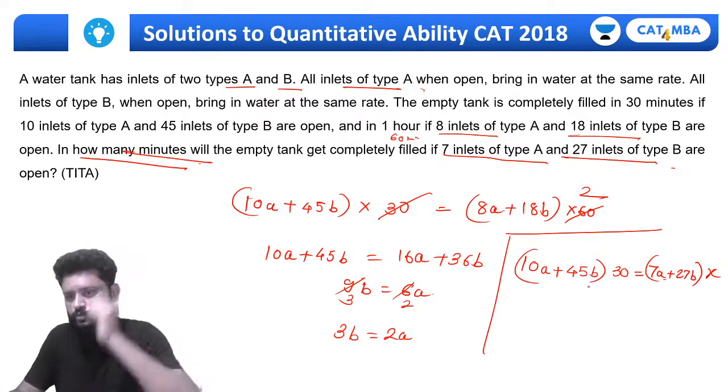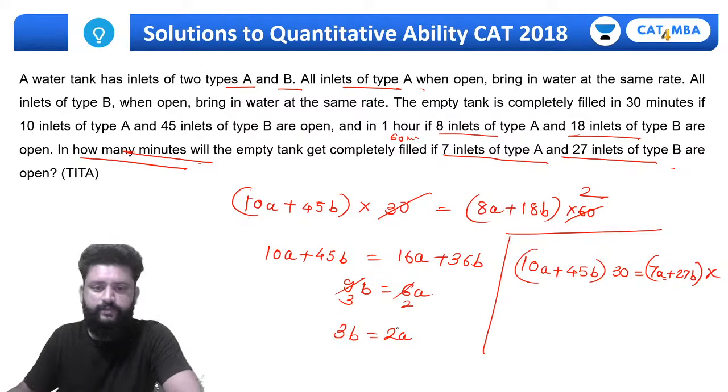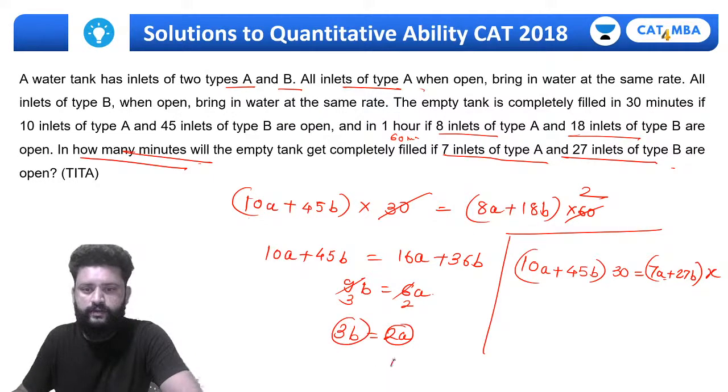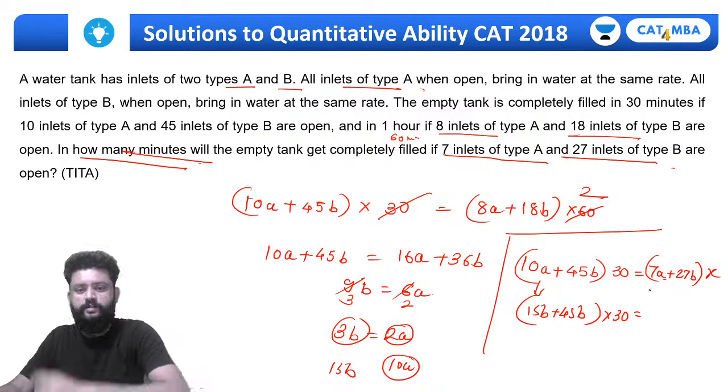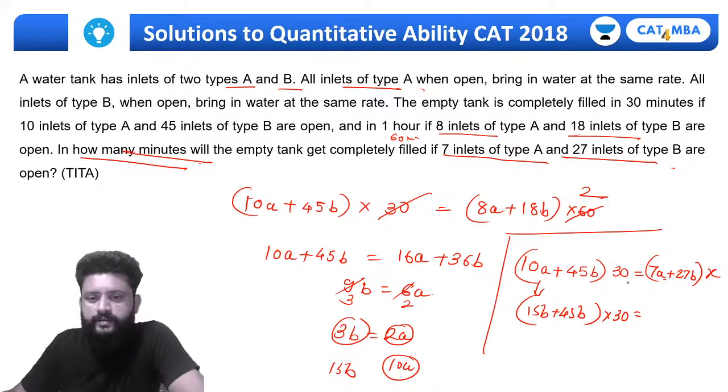Before we multiply by 30, first thing you can write: 2A is 3B, so definitely 10A must be 15B. So instead of 10A I can write 15B, plus 45B, into 30 must be equal to, instead of 7A I can write 3 by 2, that is 21 by 2 B, plus 27B.